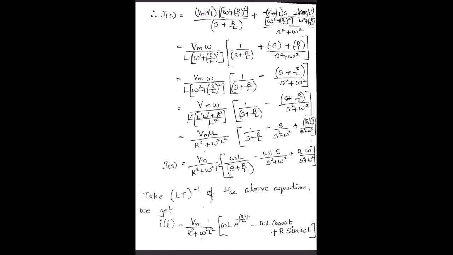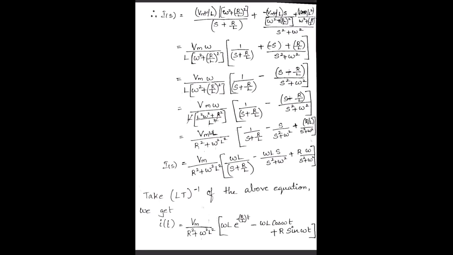So from this expression, let us take common terms outside. V m omega by L is common, so let us take that outside. Also the denominator omega squared plus R by L the whole square is common in the first term as well as in the second and third terms. So let us take that outside.